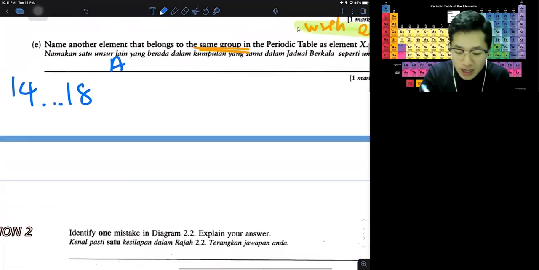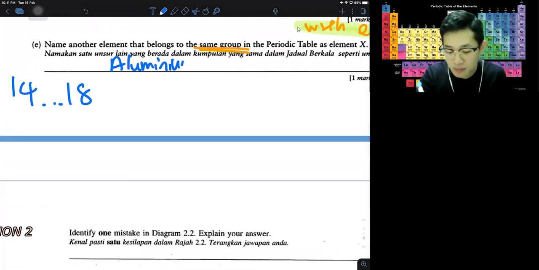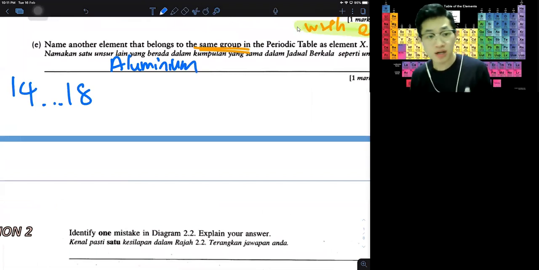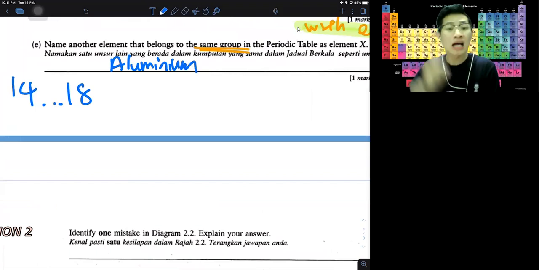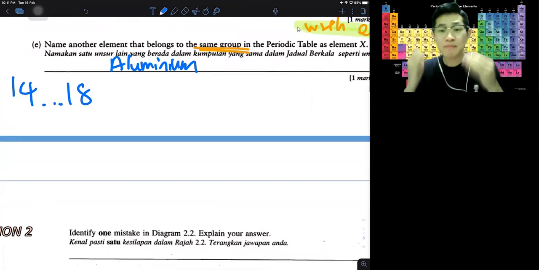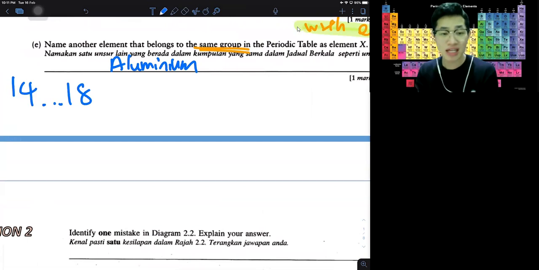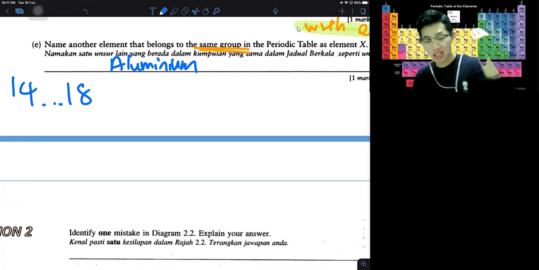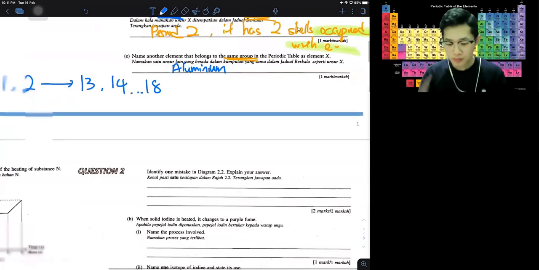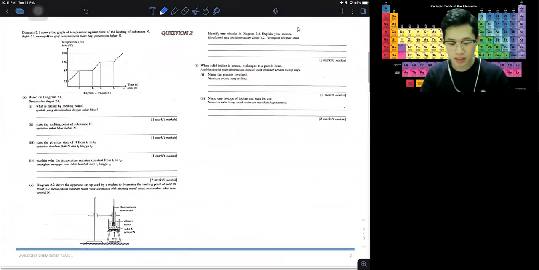Aluminium. So whatever is in group 13, you can write, okay? Remember, in the SPM, paper 2 has a periodic table. Paper 1 doesn't. So anything about the periodic table, about element formula, you can refer back to the periodic table.